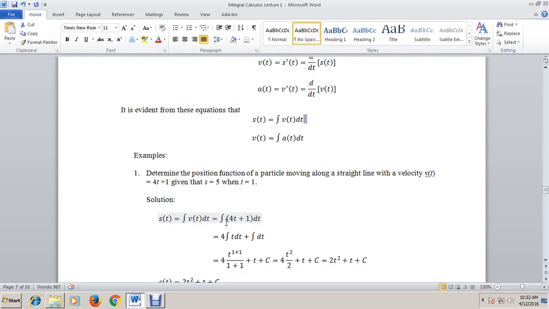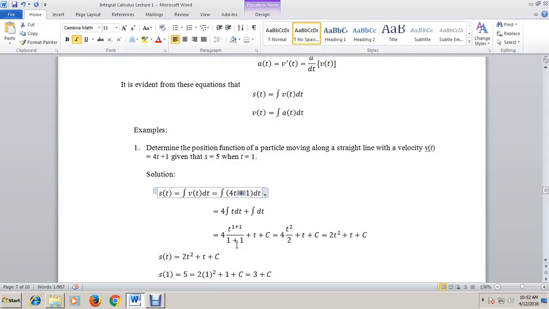Since this is an algebraic function, based on the properties of the indefinite integral, we can distribute the integral sign and dt among the terms. So we have 4 times the integral of t dt plus the integral of dt.